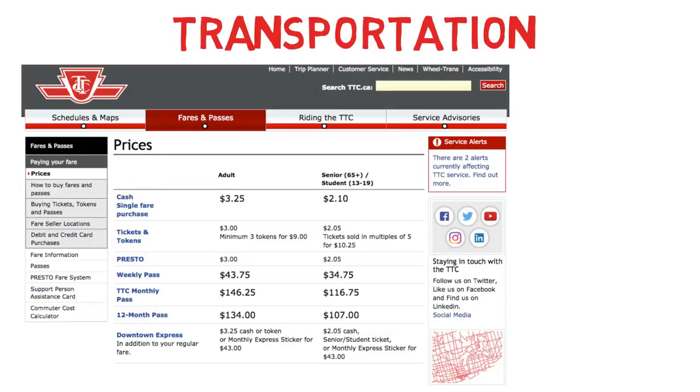Over here you can find that for a single ticket you have to pay around $3.25, and for seniors and students, it's $2.10. However, you can take a weekly pass as well, which is 43.75 and 34.75 per person.